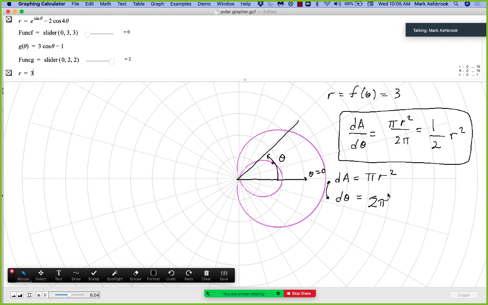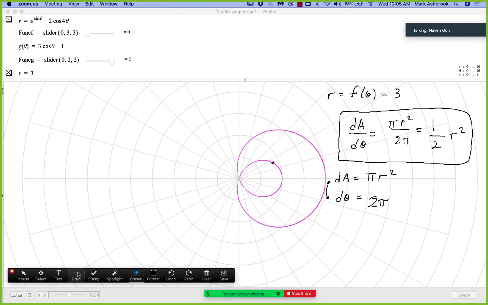Okay, so r is not constant, r is changing, but if we take a small enough d theta, we can assume it is constant. In fact that's kind of a big d theta, but we'll just go with it, because any smaller and I can't make the drawing. So here's my d theta, and I'm going to assume for that d theta that r is constant.